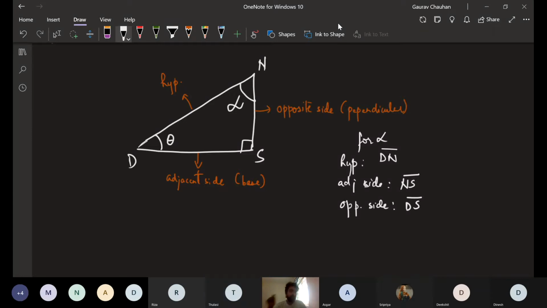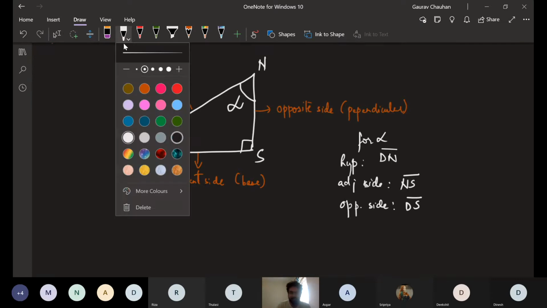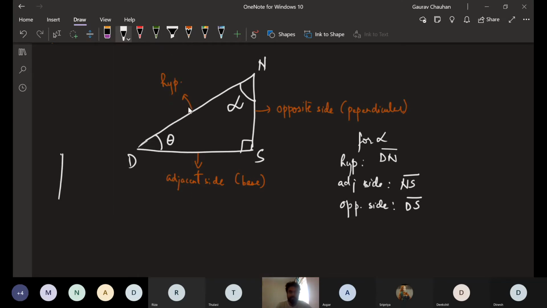As you can see, it changes depending on which acute angle you're taking. These both are acute angles, right? Whenever there's a right triangle, these two will be acute only, because the sum of both has to be 90. Give me a thumbs up if we are clear.